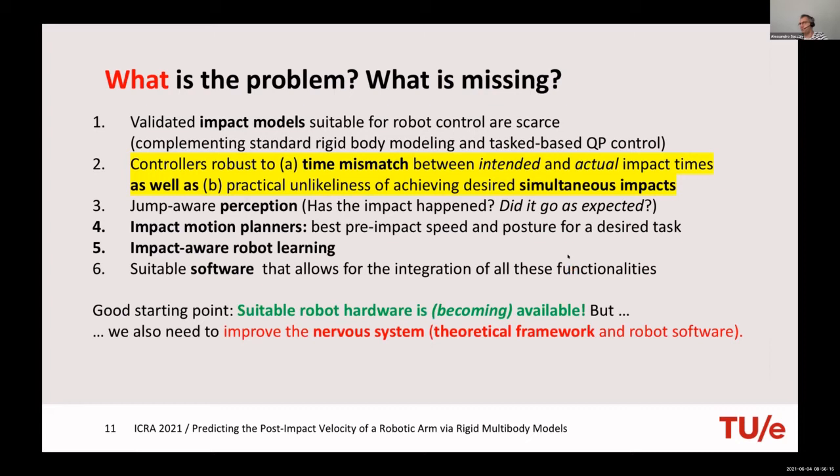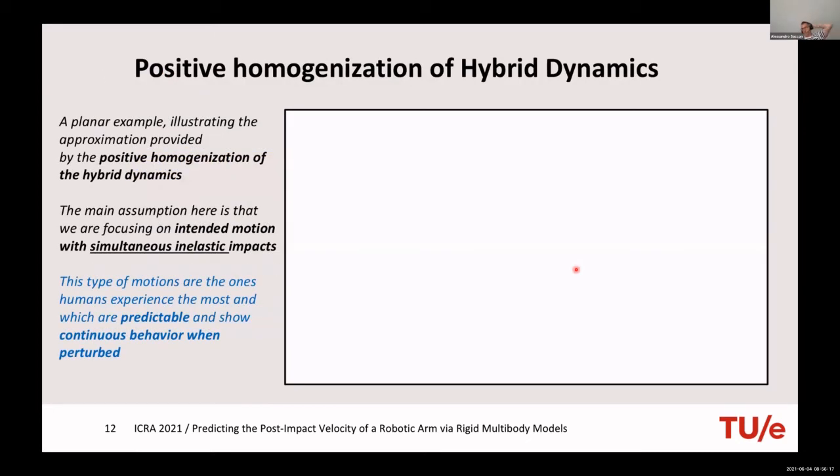So in particular, what I want to discuss is one concept, which we call a positive homogenization of this hybrid dynamics. Don't get scared by the name, but think of a positive homogenization as a concept like a linearization. If you have a dynamical system and a particular trajectory, you can linearize that dynamics about a trajectory, and everybody is familiar with that concept.